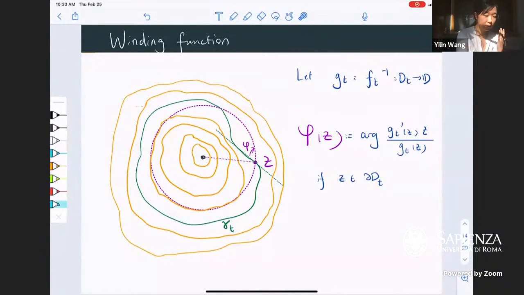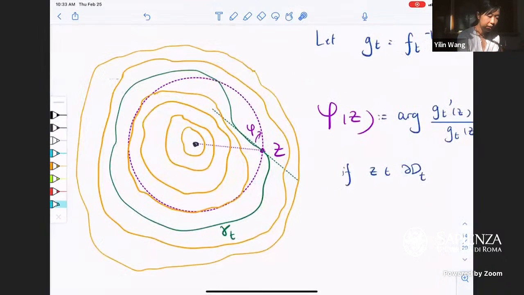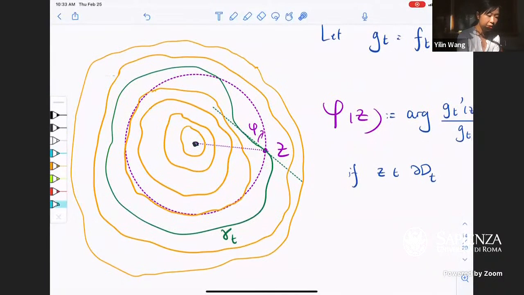But the winding function doesn't depend on this. The winding function is defined by this, where g_t is the inverse of f_t and it is the argument of z g_t'(z) over g_t(z). It's a formula, it doesn't matter. But geometrically, what this means is that its value at the point z is given by the angle between the tangent of the curve passing through z and the circle which is centered at 0 passing through z.